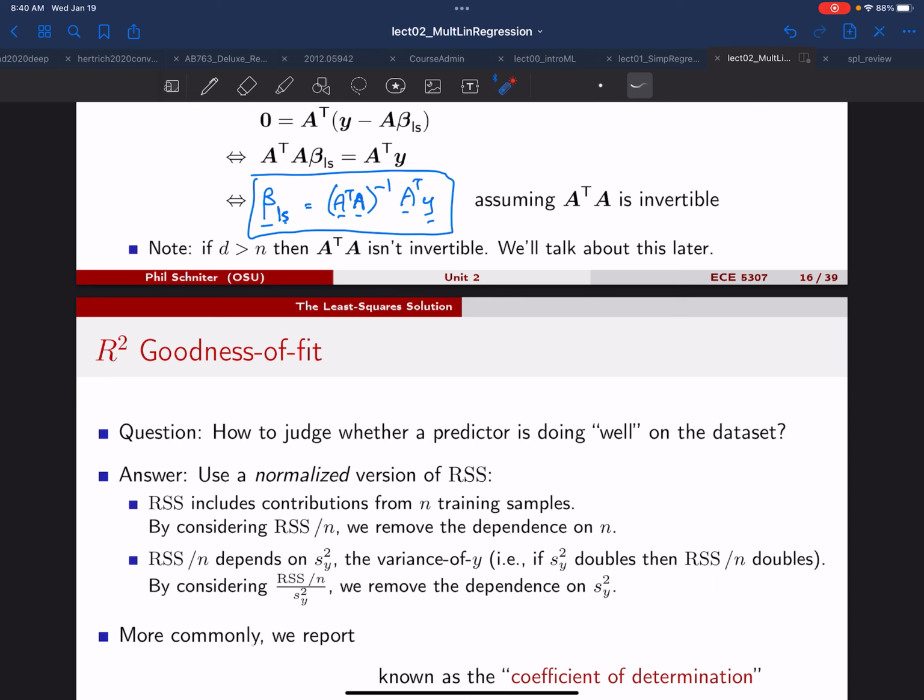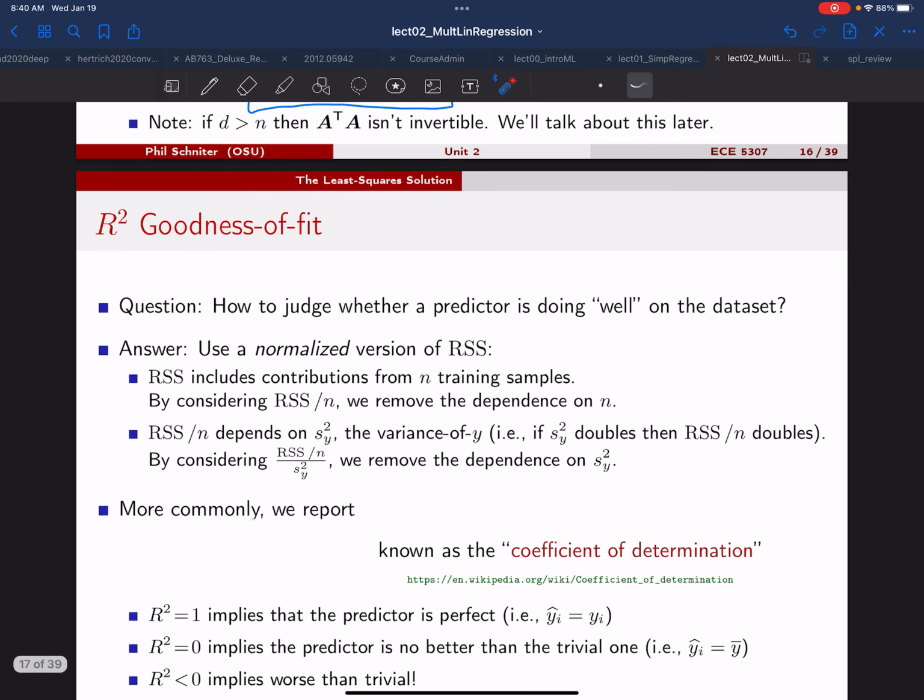The resulting quantity is a normalized quantity, and it's very nice to deal with. Typically, rather than looking at that normalized quantity, you look at 1 minus it: 1 minus RSS divided by n divided by s y squared, and we define this as r squared.